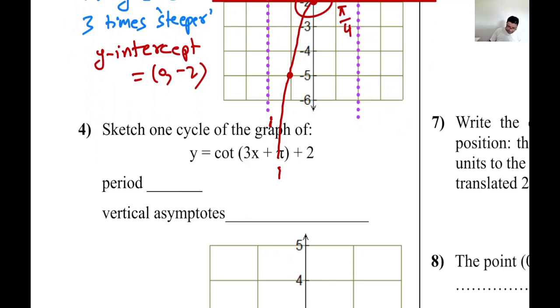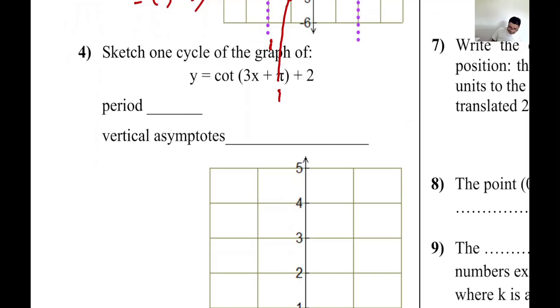Similarly, let's do the next one. Sketch one cycle, and here some things change. Now the period will change because this is cot of 3 times x plus pi over 3, plus 2. So your period is now pi over 3 because of the 3 here.